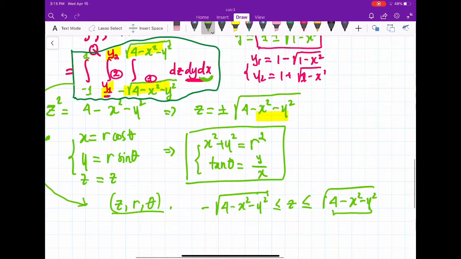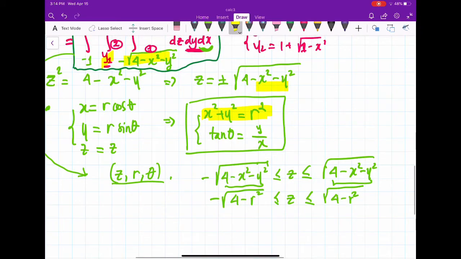But what is this? This is nothing but 4 minus r squared, right? So I have negative square root of 4 minus r squared less than or equal to z less than or equal to square root of 4 minus r squared. We need to translate x and y into r and theta, right? Don't forget that. So we have the interval for z.